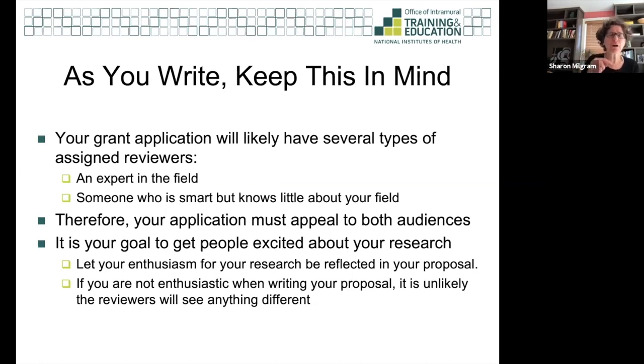If you are not enthusiastic when you're writing your proposal, it's not likely that I'm going to see it any differently, right? Somehow you need to write strongly enough that we have a sense of your confidence in the data. If you think there's a key piece of data that says this is an important aim, you want to make that really clear.